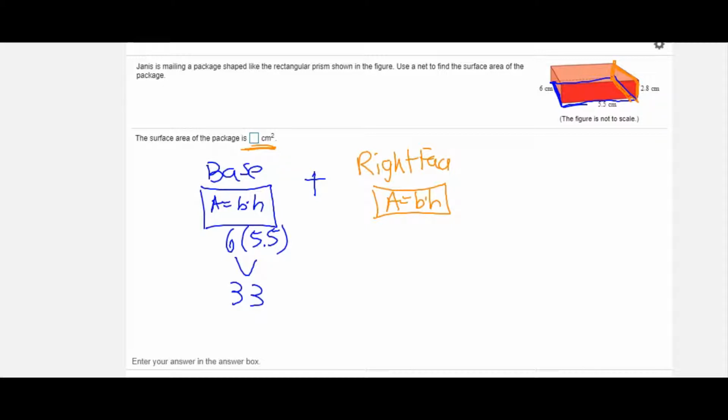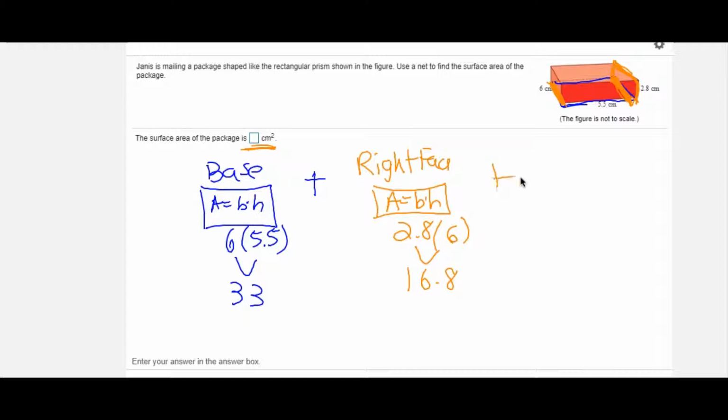Then I substitute the dimensions: 2 8/10 times 6. These two lines are parallel to each other, so they have the same length. So it's 2 8/10 times 6, and once you multiply that, you get 16 and 8/10. That's going to be the area of my left and right face.